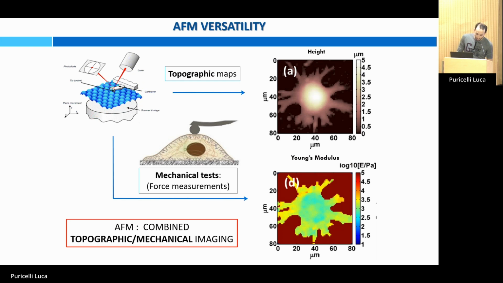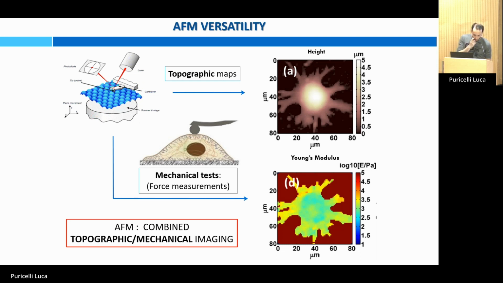About cell elasticity, during my PhD I worked first of all on the elaboration of a protocol which could let us measure, in one-to-one correspondence, on cells cultured, so not fixed with any kind of glue, but cultured in their culture medium, so in, let's say, physiological conditions, combined one-to-one corresponding topographic and mechanical imaging of single cells.